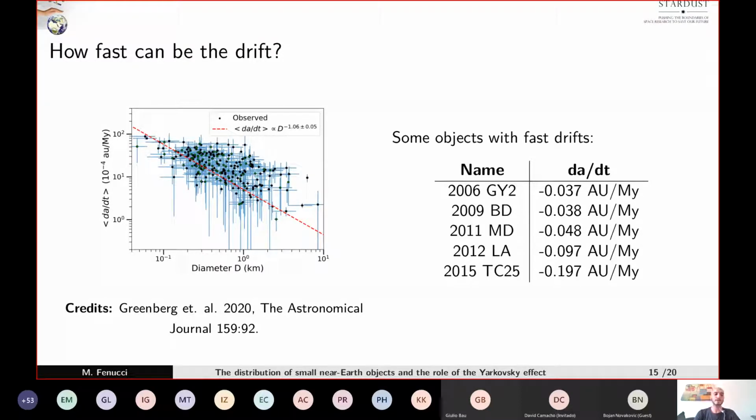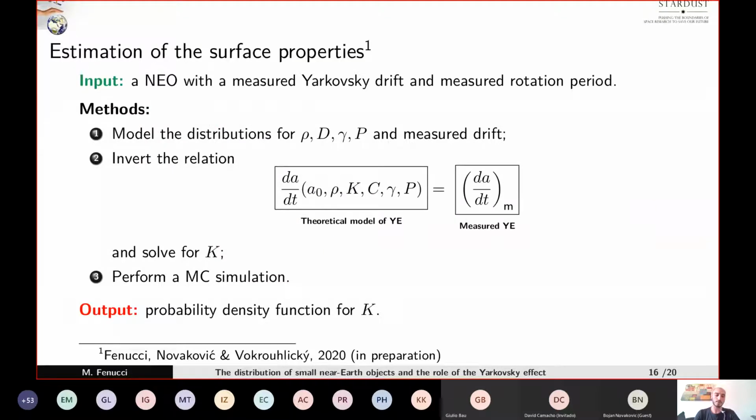And to understand better which are the characteristics that an asteroid should have to reach these fast drifts, we constructed a model, which is based on a mathematical modeling of the Yarkovsky effect. So this model takes in input a near-Earth object with a measured Yarkovsky drift and a measured rotation period.